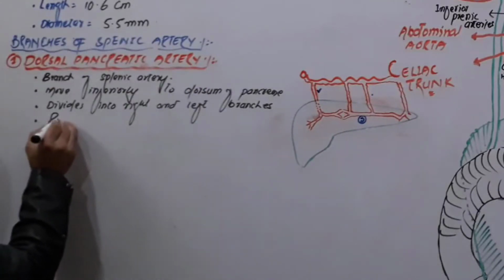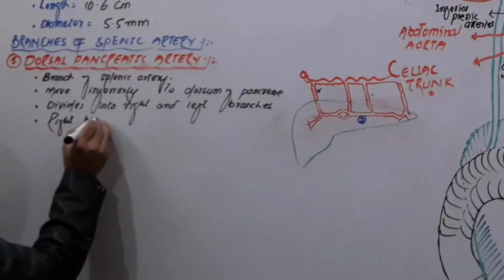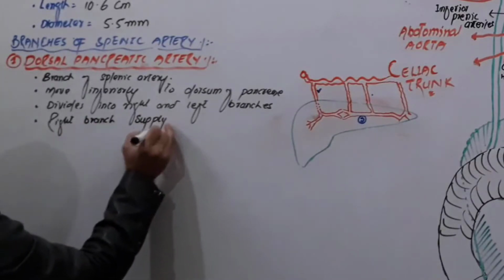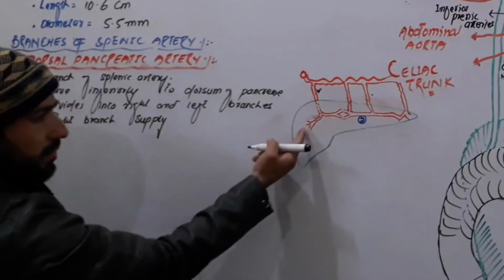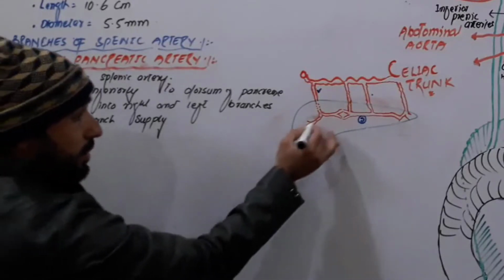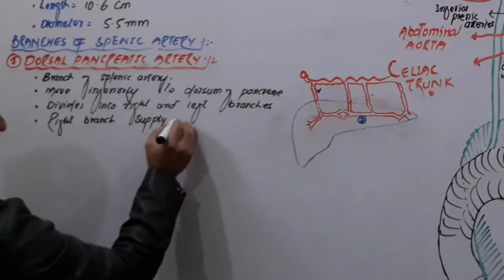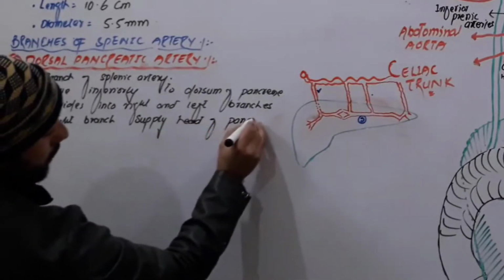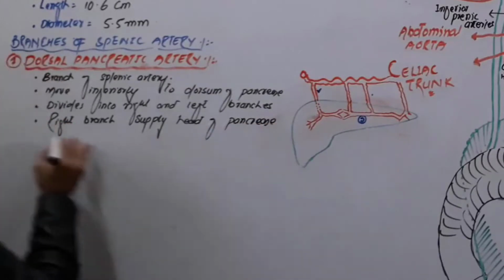So the right branch supplies, not only this artery, there are other arteries which will come and make anastomosis with it, but we should know that the right branch supplies the head of the pancreas.